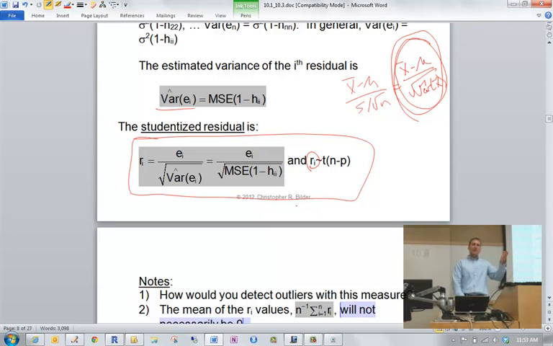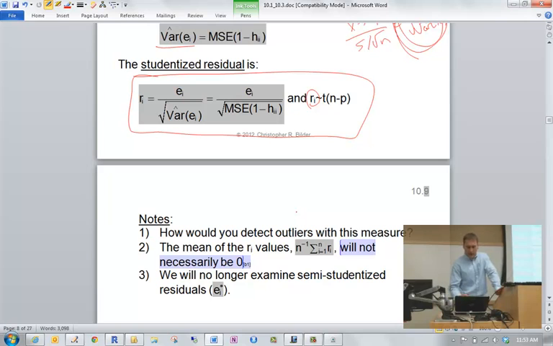So, given that this has a t-distribution, how could we detect outliers? With a t-distribution, you now know with a certain probability that all possible values should fall within about 2 different numbers.